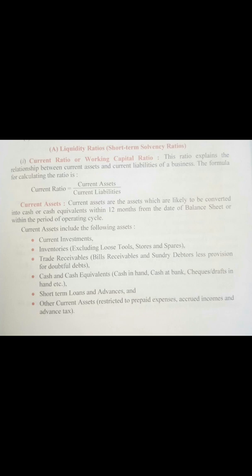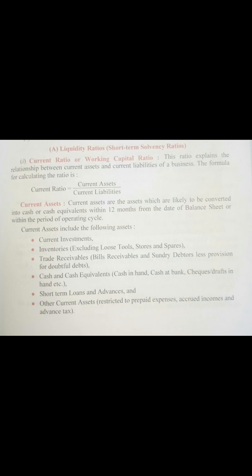Next thing, that is cash and cash equivalent. That means either cash in hand or cash at bank. We have to include that. Including this, we have to include cheques or drafts which are provided by the bank. We have to include these two things also in our current asset.